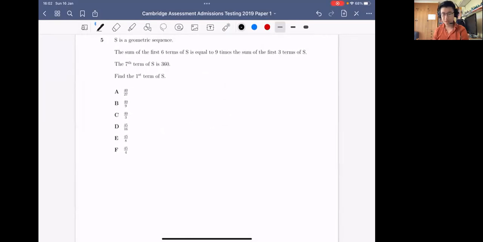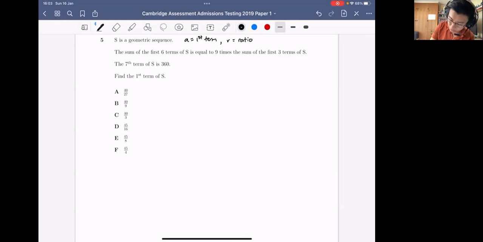S is a geometric sequence. The sum of the first 6 terms of S is equal to 9 times the sum of the first 3 terms of S. So, geometric sequence. The formula has A as its first term, and R is the ratio.